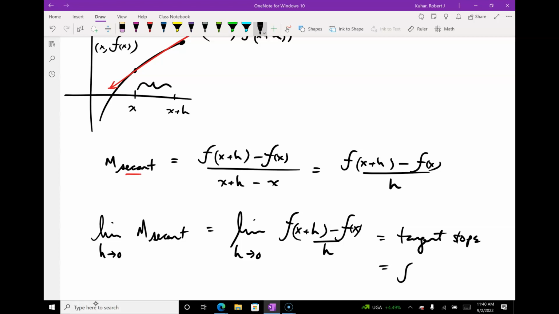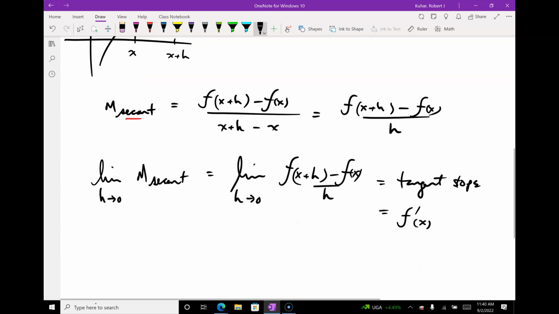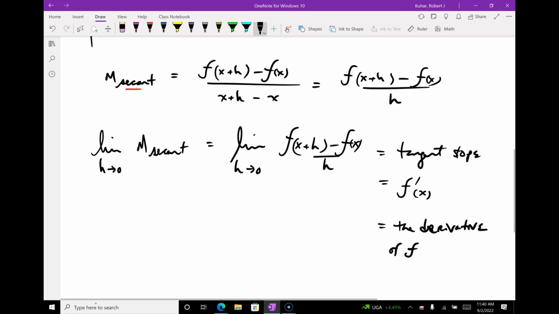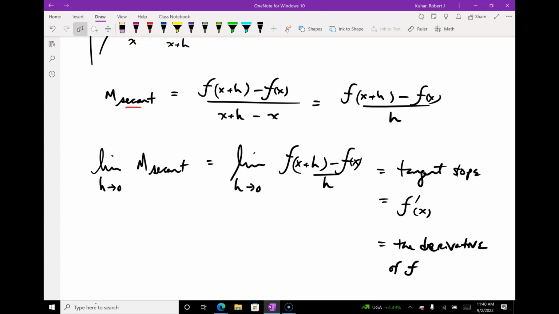I'm going to get a function out of this, and I'm going to call it f prime of x, which is also called the derivative. And that derivative gives me the slope of the tangent at any point.